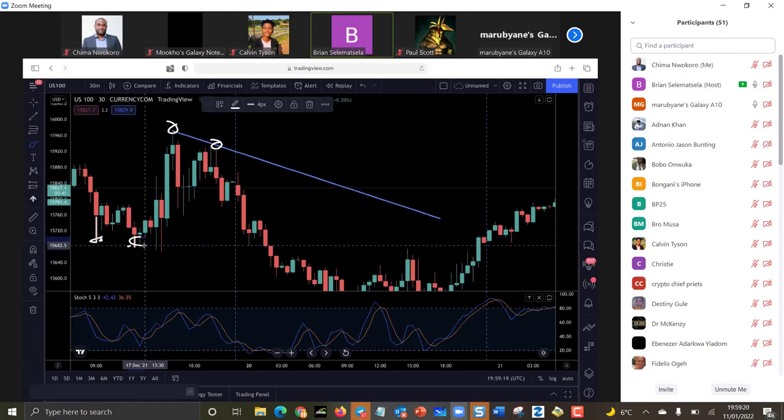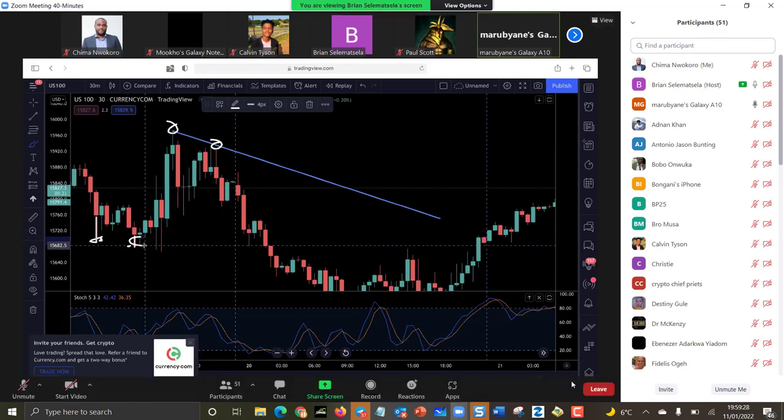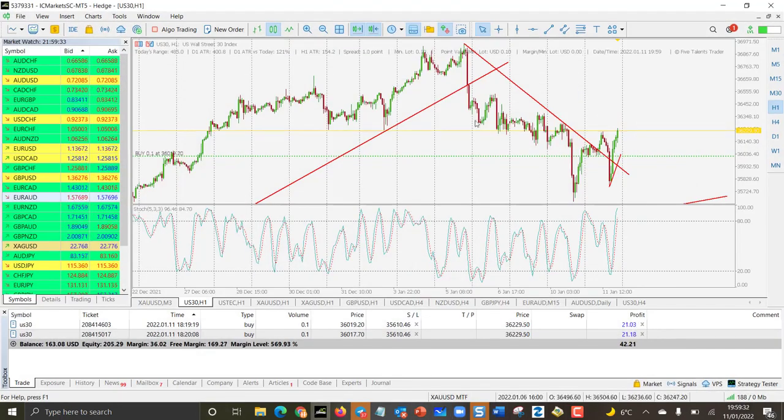The last one: when it comes to searching for the footprint on the chart, maybe you go through the chart.